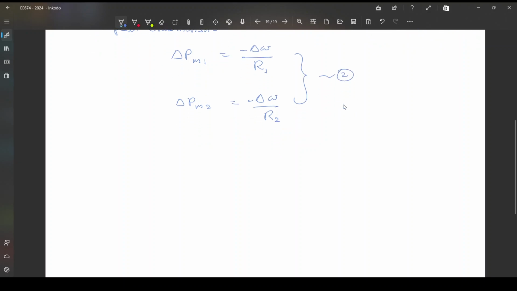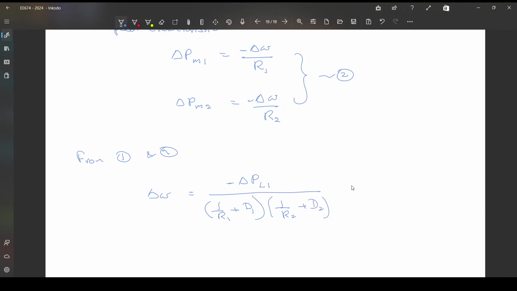So from 1 and 2 we can write that delta omega is equal to minus delta PL1 over (1 over R1 plus T1) plus (1 over R2 plus T2), right?